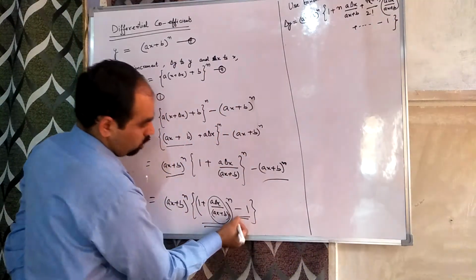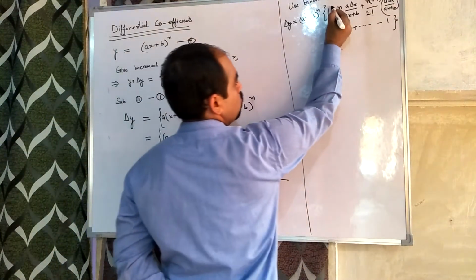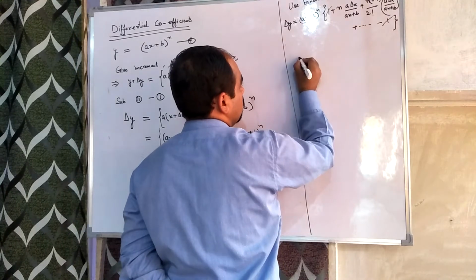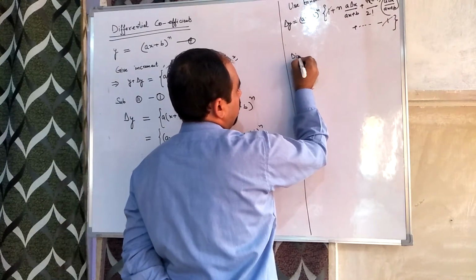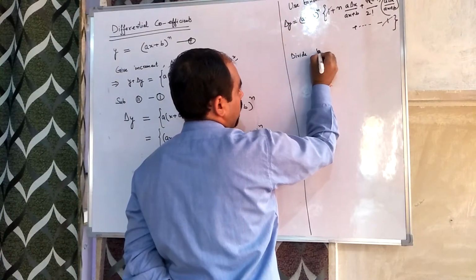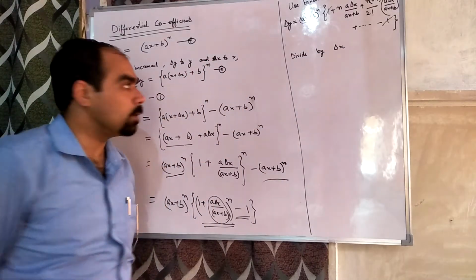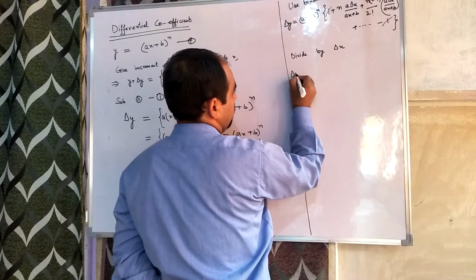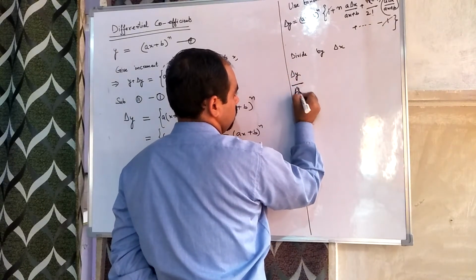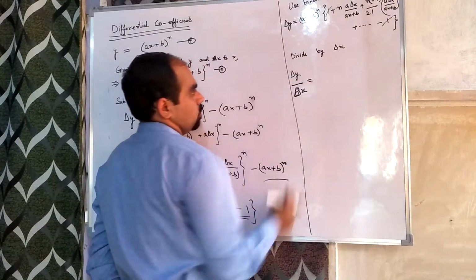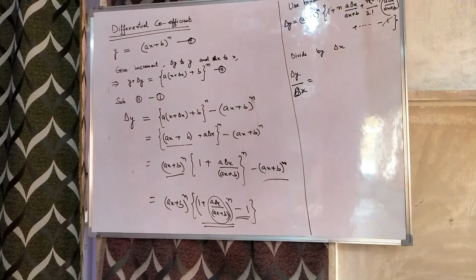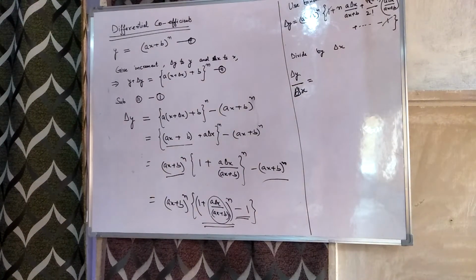This term minus 1: plus 1 minus 1 cancelled out. Now divide by delta x. We will divide by delta x. This side would become delta y upon delta x. Right? Delta y by delta x.